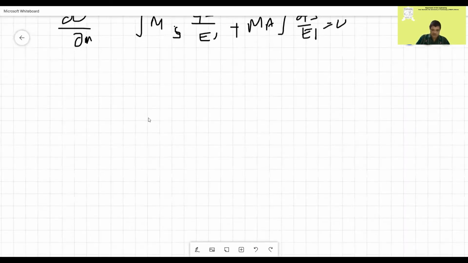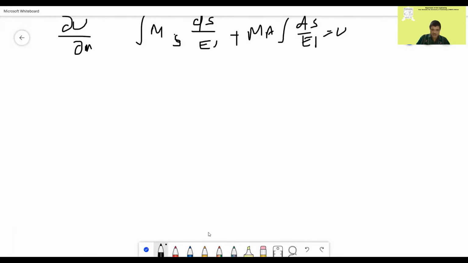How do we transfer? Let us imagine a section like this. This is your elastic center here.